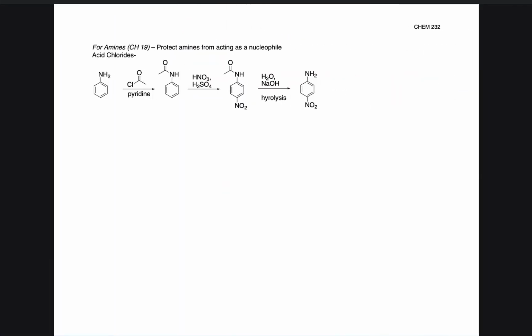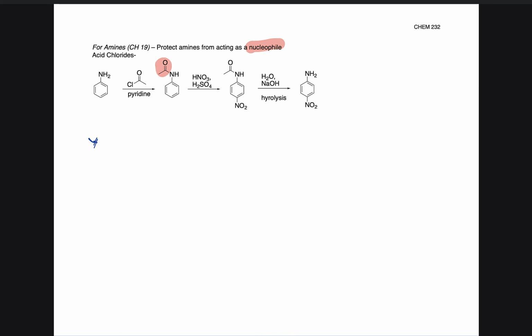And the last one we're going to look at here is protecting amines. And so we can protect amines in a very similar fashion. We're taking an amine and we are adding this acyl group to it. And what this does is, with this amine protecting group, we're essentially making an amide. And by doing that, we're making it no longer reactive.